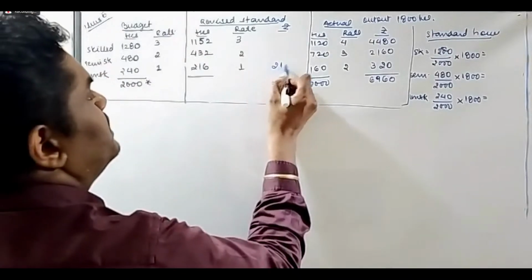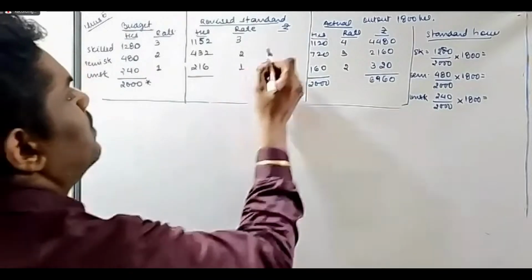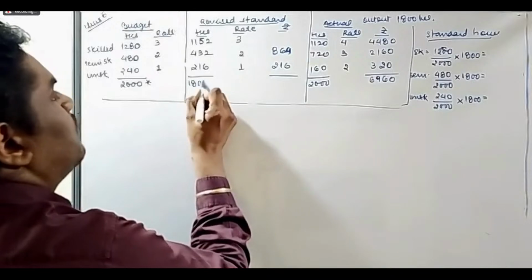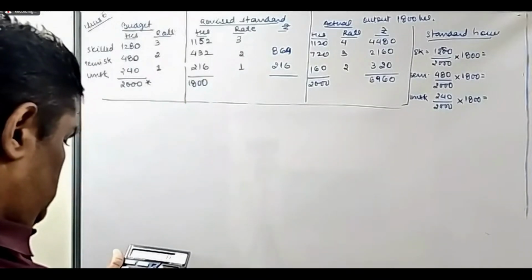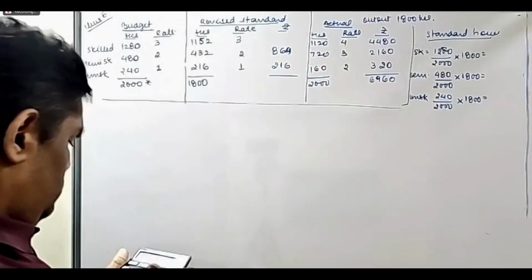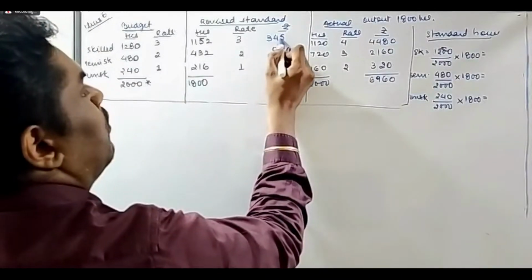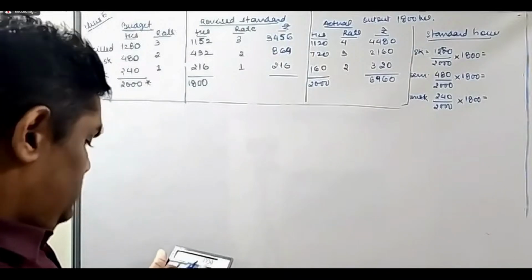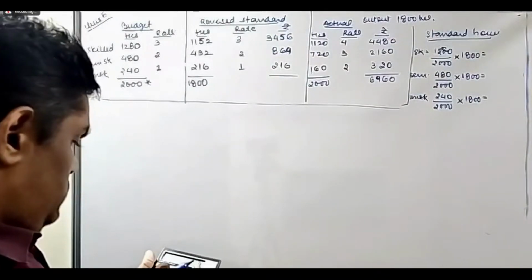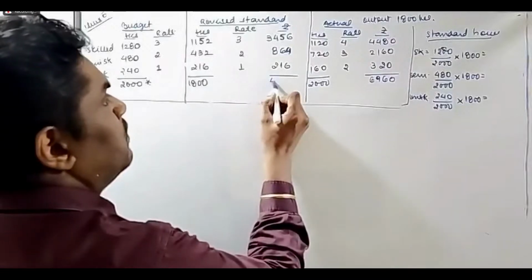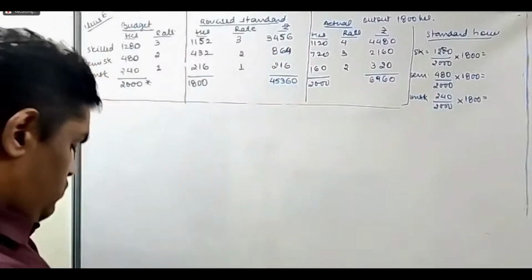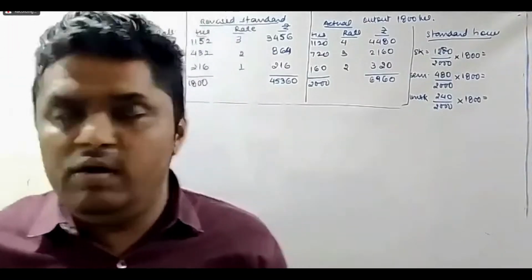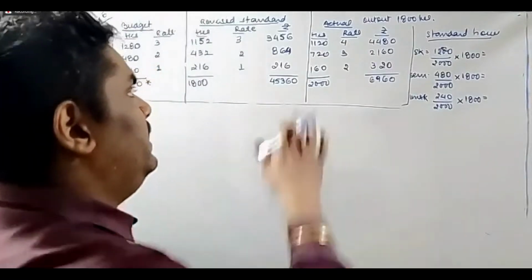So this will be 216. This will be 864. So 3456 plus 864 plus 2. If you guys have any doubts in this part, you can please post your query.